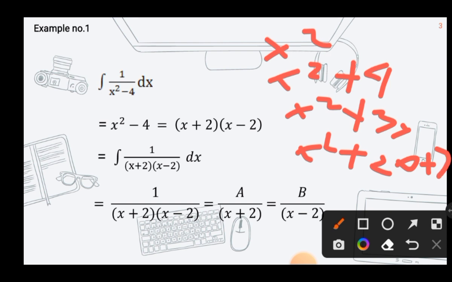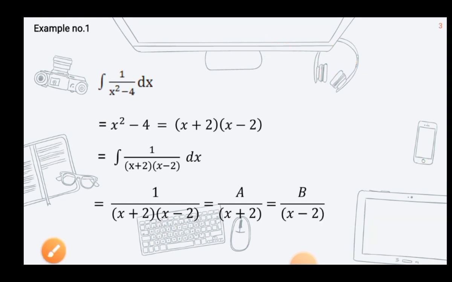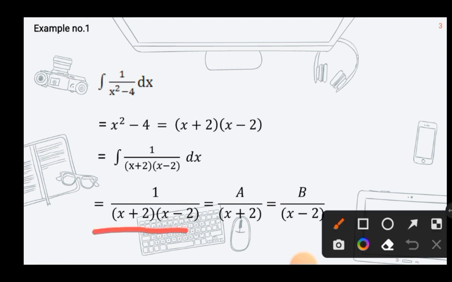Since we are using linear factors, the first linear factor is x plus 2, so A will be over x plus 2, and the second linear factor is x minus 2, so B is over x minus 2.